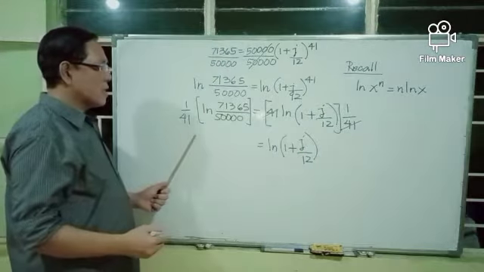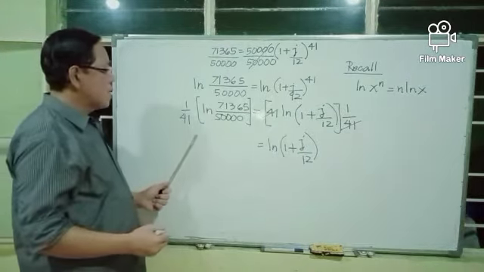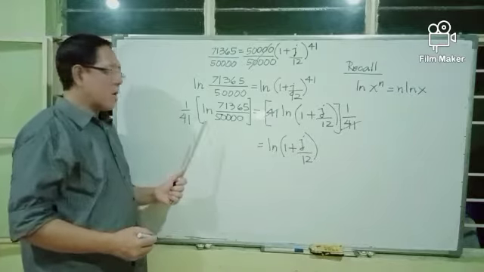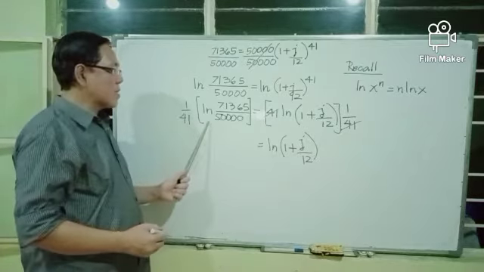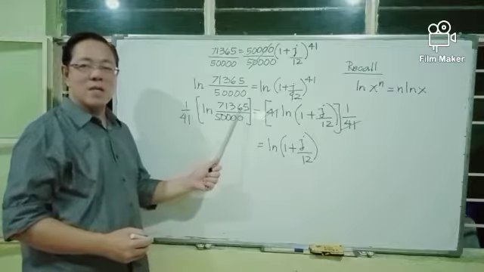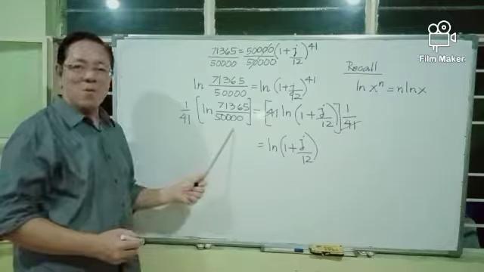At the left hand side, we have 1 over 41 times ln of 71,365 over 50,000.